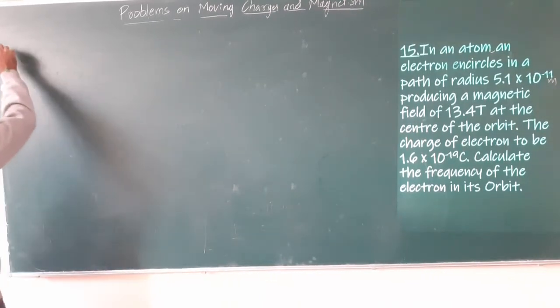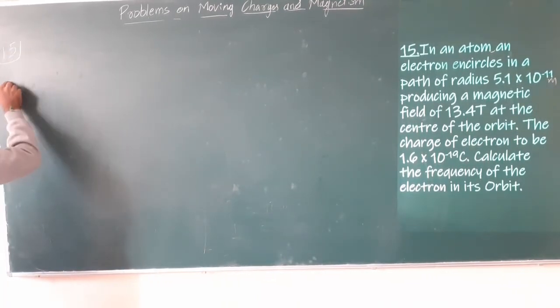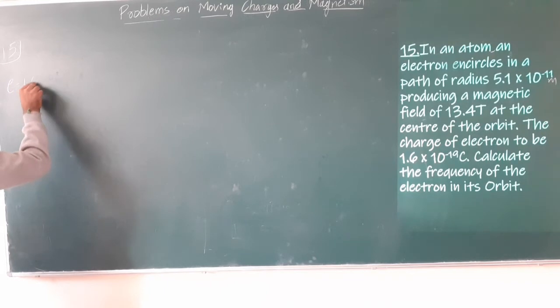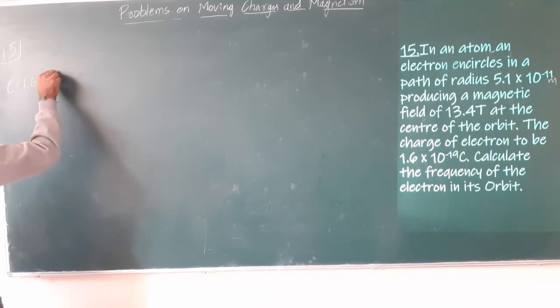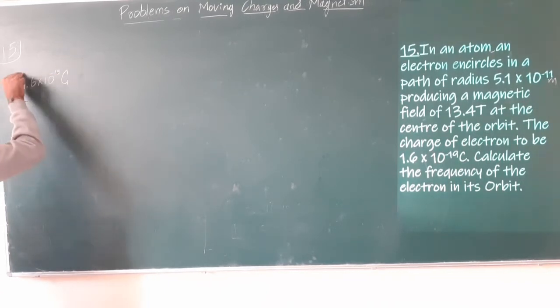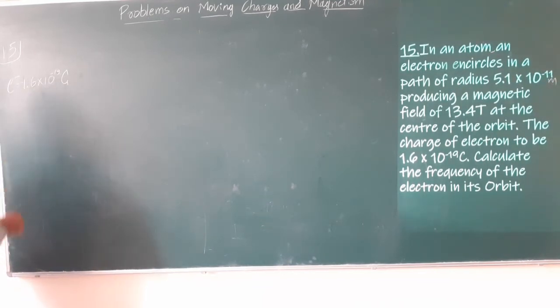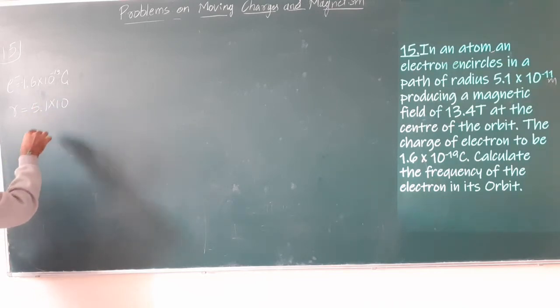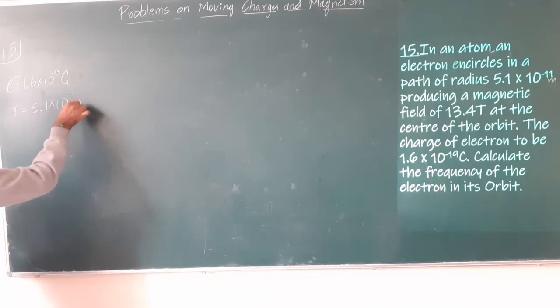The charge that is moving is an electron, which will have a charge of 1.6 into 10 to the power of minus 19 coulomb, negative. And this is moving in a circular path of radius 5.1 into 10 to the power of minus 11 meter.